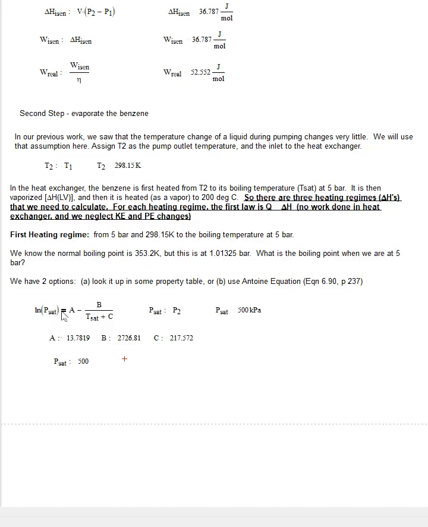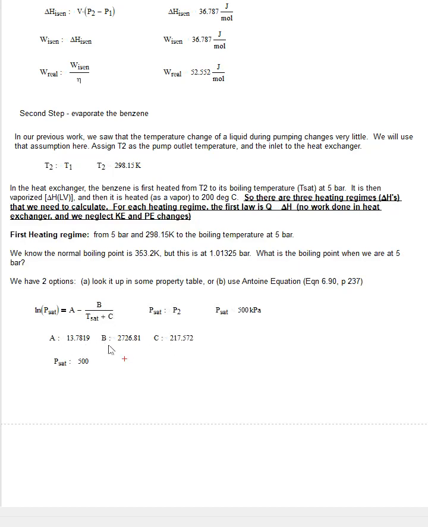You could use units, but it's probably easier if you just don't use units for this part of the problem, because of course you can't take a log of a kilopascal or a log of a bar. If you look at the units in the table, this is in table B2, I believe, you'll see that Tsat has to be in degrees Celsius and Psat has to be in kilopascals. That's the only way that these constants will work.